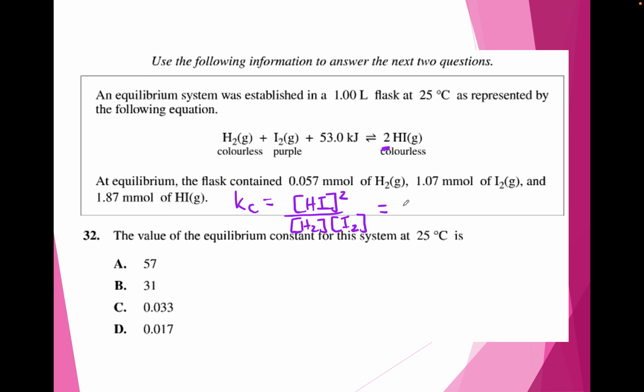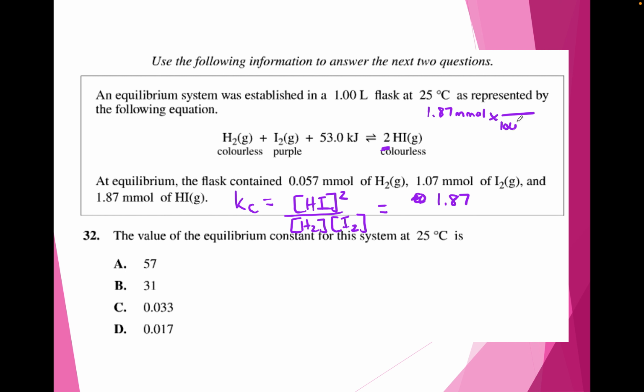And then here it's nice and easy. We just have to do some replacing. So HI is 1.87. This is in millimoles, so we want to change that to moles. I might do it up here just to show this.